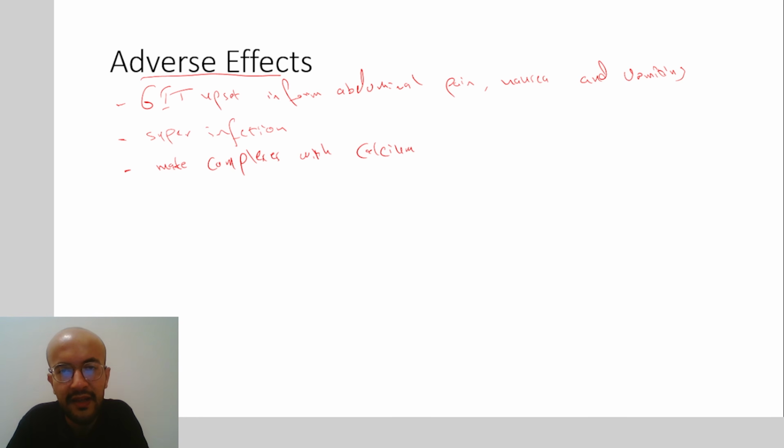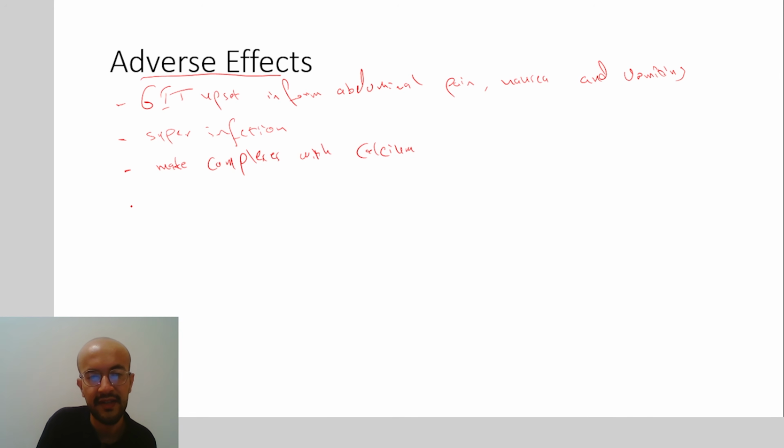They also deposit in the bones of the growing child and cause temporary growth stunting. In pregnancy, they cause bone malformation in the fetus, so they are contraindicated, and they have limited use in kids under 8 years of age.